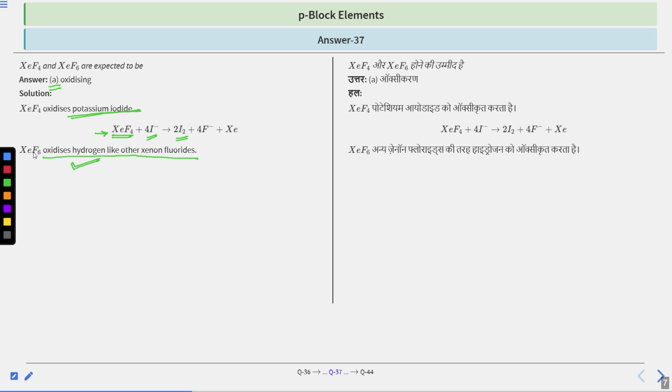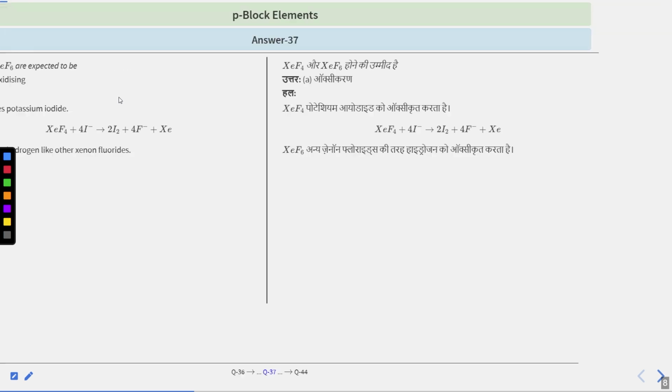If hydrogen and XeF6 are present on the reactant side, then XeF6 oxidizes hydrogen as any other xenon fluoride does. If any xenon fluoride exists, it also oxidizes hydrogen, and XeF4 oxidizes potassium iodide. You can see the reaction here, and thus option A, that is oxidizing, is the correct answer.